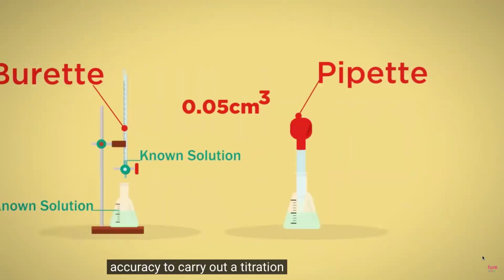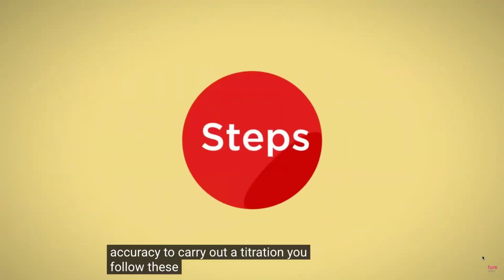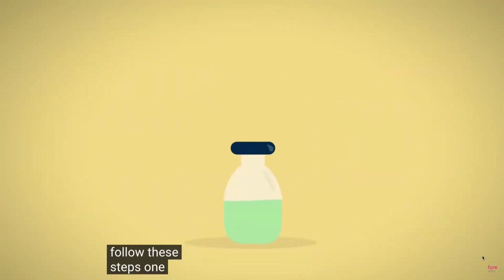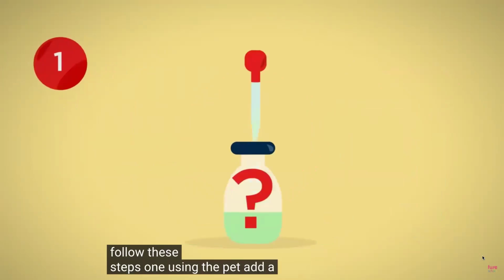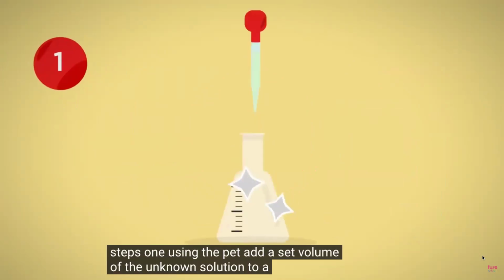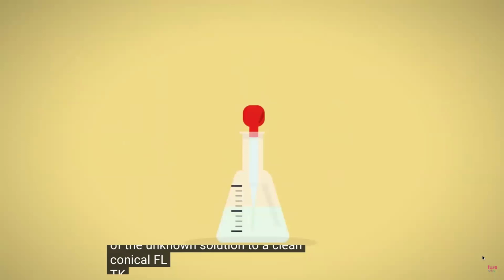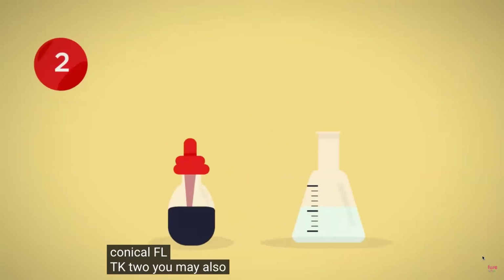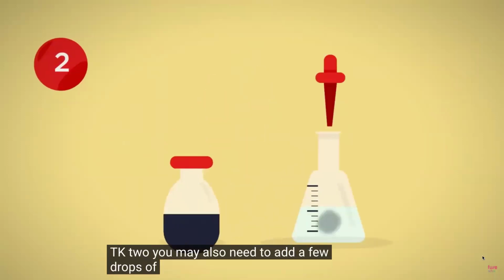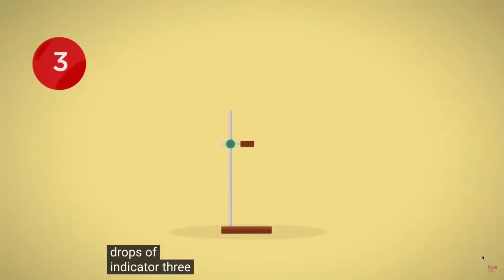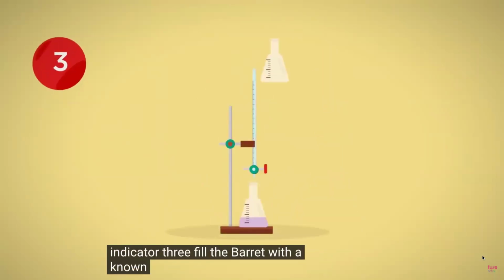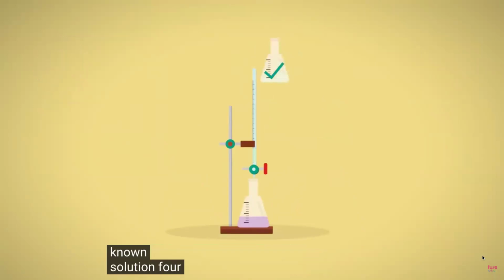To carry out a titration, you follow these steps. 1. Using the pipette, add a set volume of the unknown solution to a clean conical flask. 2. You may also need to add a few drops of indicator. 3. Fill the burette with a known solution. 4.